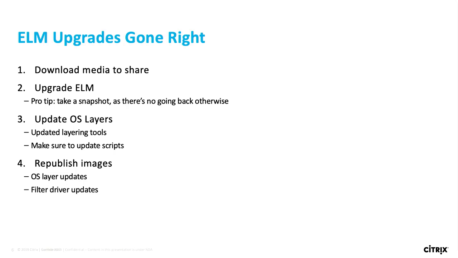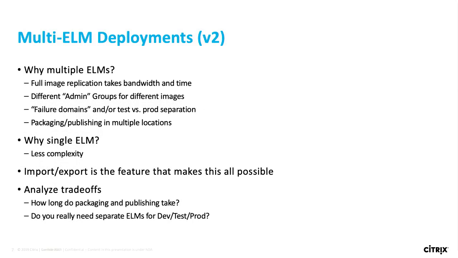So in the event that you had manually updated some of those scripts for various reasons to accommodate one of your use cases, just make sure that once you run that update, you actually go back and essentially redo the script updates that you had previously done because it's just going to write over that, obviously. And then once you've got your layering tools up to date, then you're going to be republishing your images, which again is going to accomplish that, and then also make sure you get the filter drive updates in there.